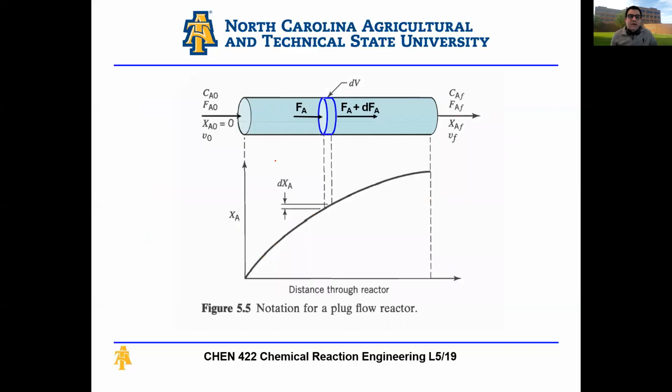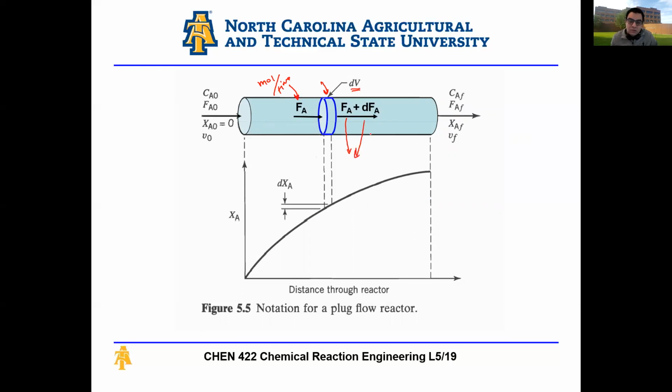So if I take my plug flow reactor and take a small element of volume dV, the feed into the reactor is CA0, FA0, initial conversion is 0. The feed into this element is FA, your molar flow rate in moles per time. And the feed leaving this element is your initial moles coming in plus the change in number of moles, right?